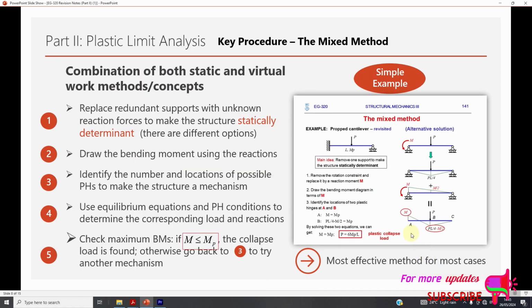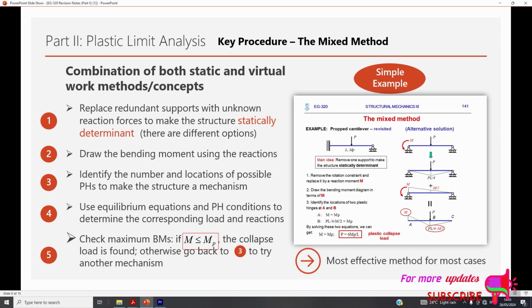Combination of both static and virtual work methods or concepts. Replace the redundant support with an unknown reaction force to make the structure statically determinate. Draw the bending moment using the reactions. Identify the number and location of possible plastic hinges to make the structure a mechanism.